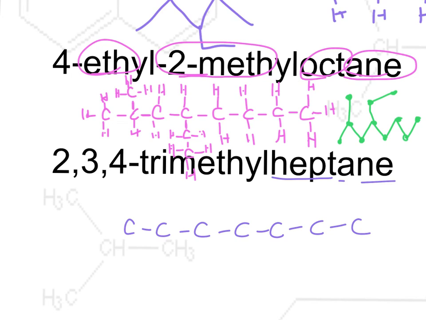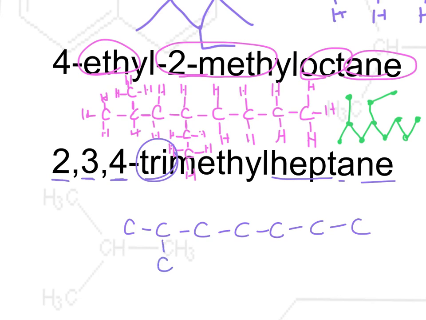Next, looks like I have 3 different branches. One on carbon number 2, one on carbon number 3, one on carbon number 4, but they're actually not different. I misspoke there. They are all methyls. There's 3 methyl groups. Methyl means 1 carbon. So we find carbon number 2, which is right here, put a methyl group, which means 1 carbon.